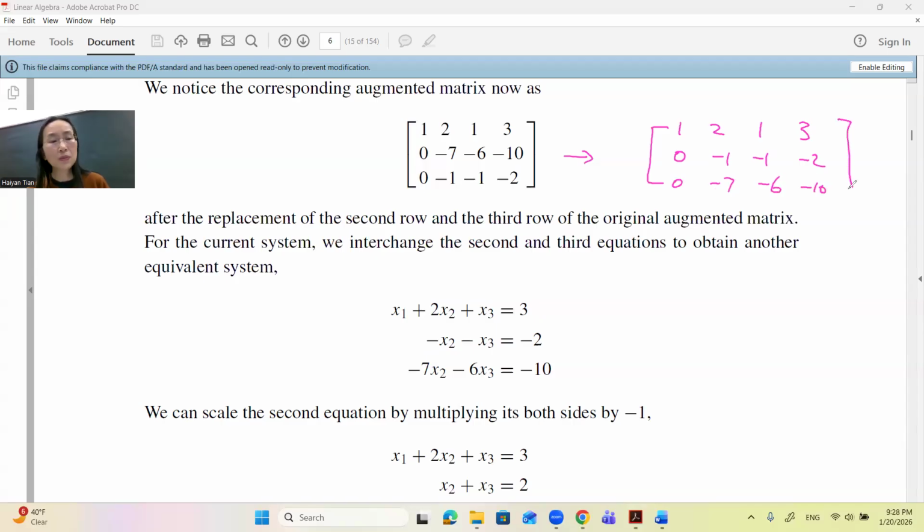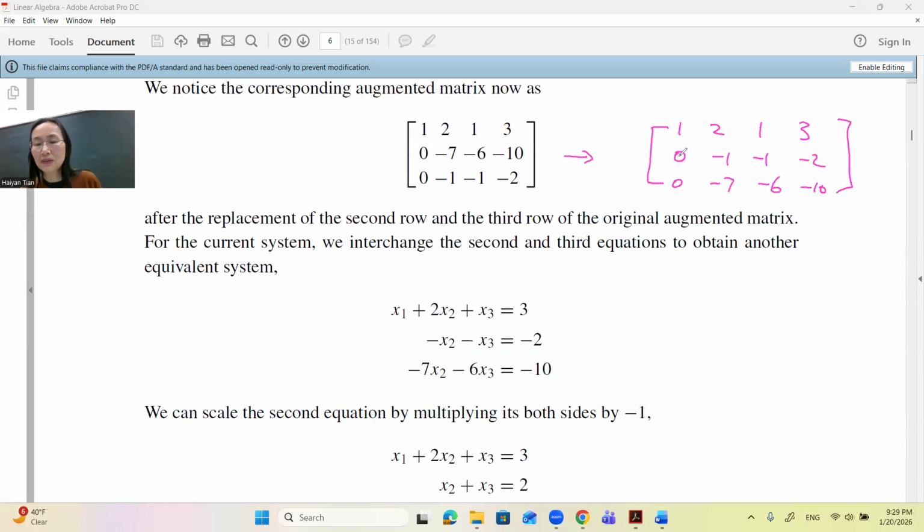So that's swapping two rows, which means swapping two equations. And then for the new second equation, we can do a scaling. That is, we multiply each entry of the second row by -1.